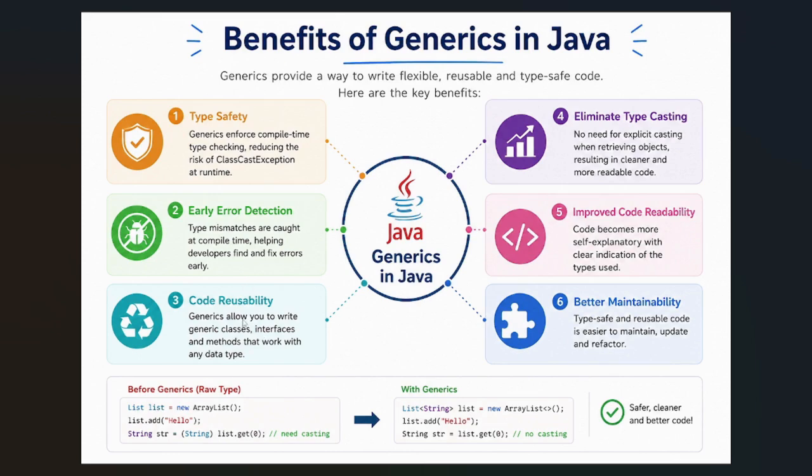Then the same code, it could be a class, it could be a method, you can reuse it for many different types. And then the code also becomes very simple, easy to read, and even the maintainability becomes easier. So that's all about the introduction to generics. We will see later on the other details of generics.